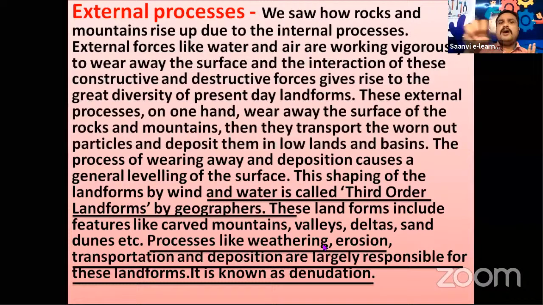Finally, all that material is deposited into the low-lying area. Already we have discussed this in the beginning, when the river originates. All the dust and debris carried by the river is deposited into the low-lying area. In the same way, when the wind blows, this broken material is moved away from that particular place and dumped into another place.